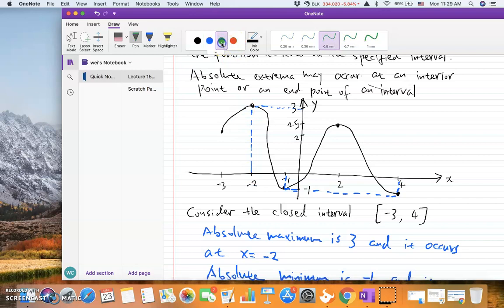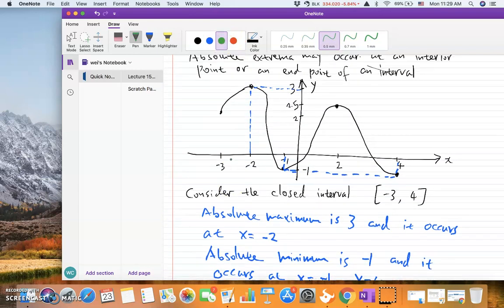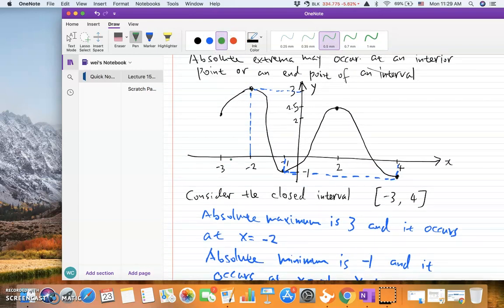So this time, if I want to find the local maximum, we have two local maxima. One is here, another one is here.